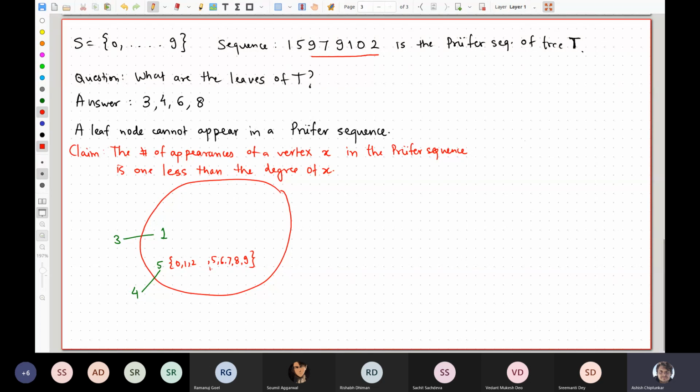That is 5. So 5 must be a leaf of the tree in the red circle. And its neighbor is what? Its neighbor is 9.